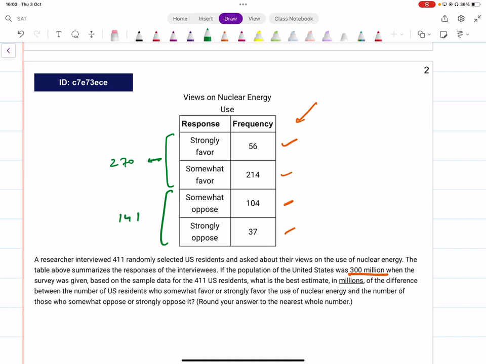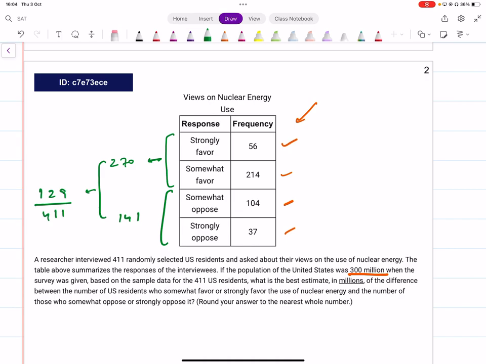What's the difference between these two numbers? 270 minus 141? 129. So out of 411 people, the difference between these two sets of people is 129.